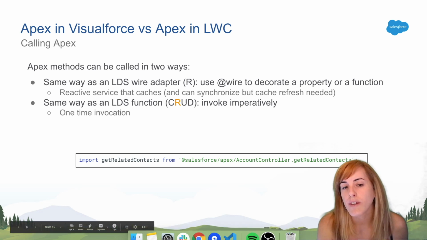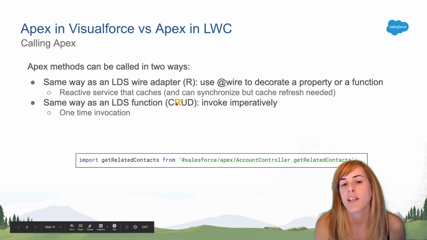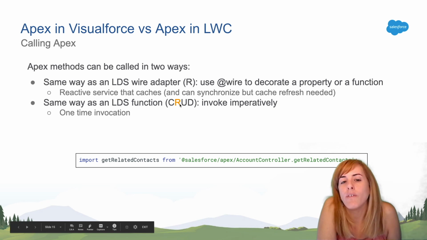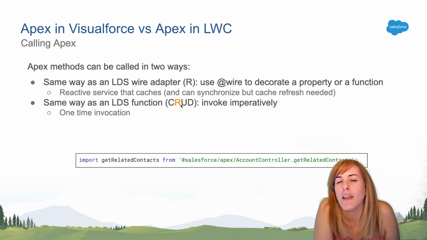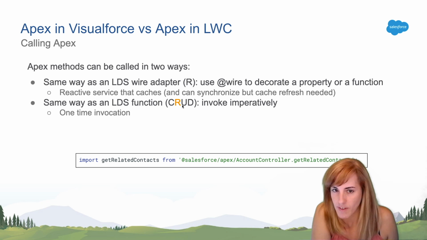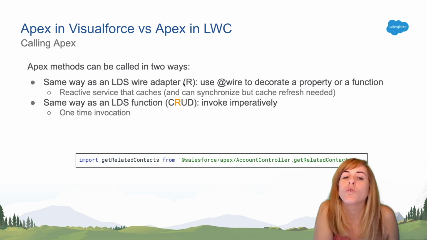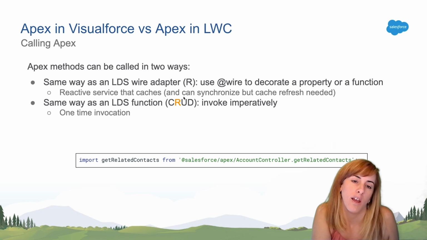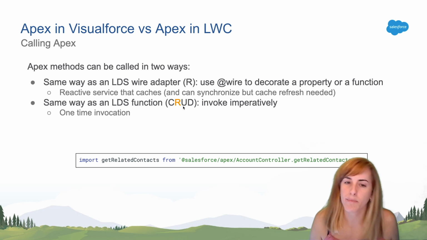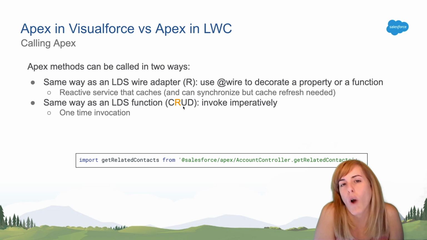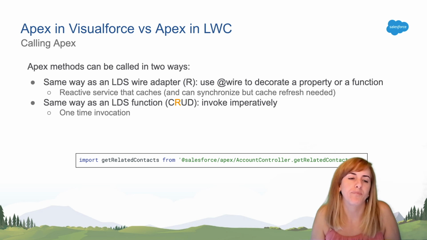You can also invoke a method that reads data imperatively, but if it just reads data, it makes much more sense to use wire. And that's the reason I put this letter here in orange, because you can, but why, right? Why do it?